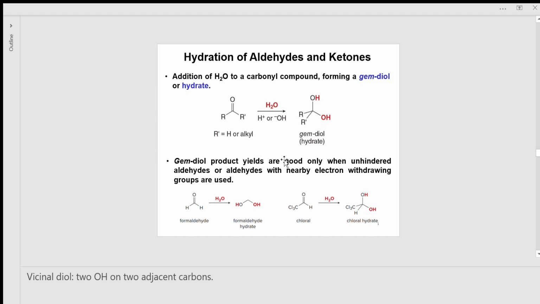So the final product is a diol, two alcohols, but attached to the same carbon. So this is a special diol. It's called a geminal diol. Basically, it's a hydration product of aldehydes or ketones with two hydroxyl groups attached to the same carbon.